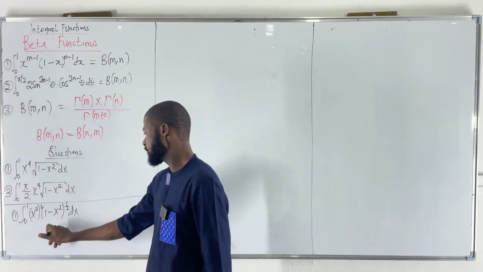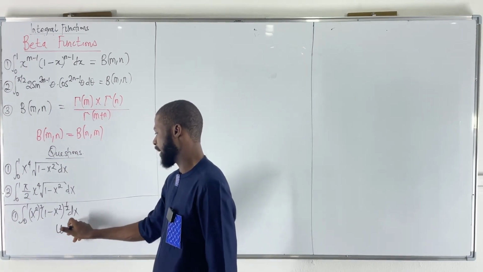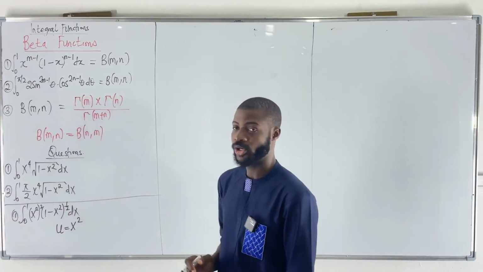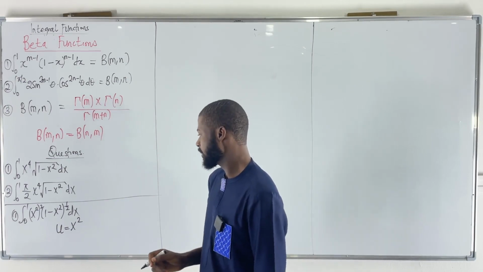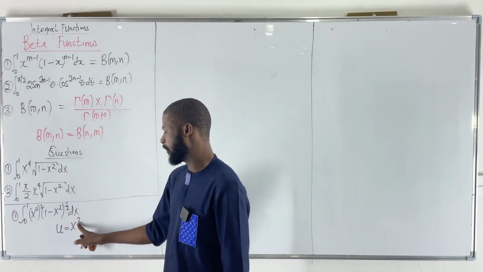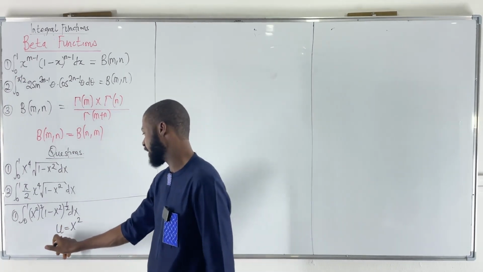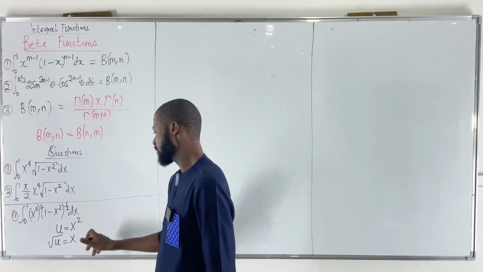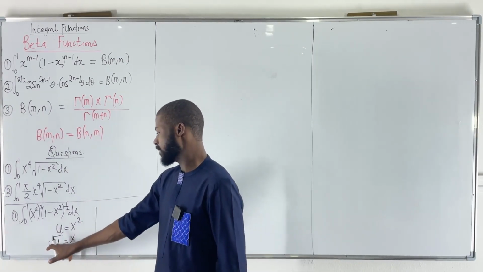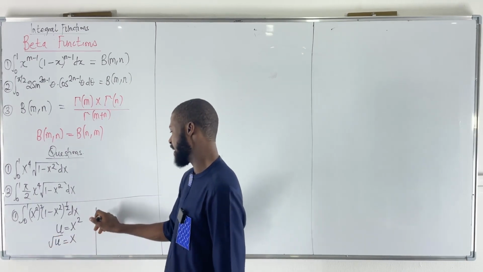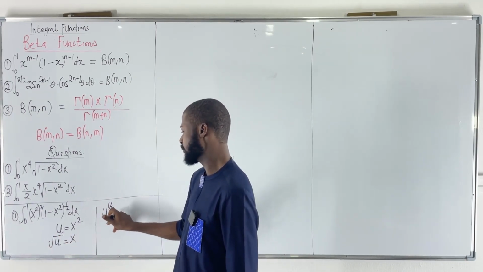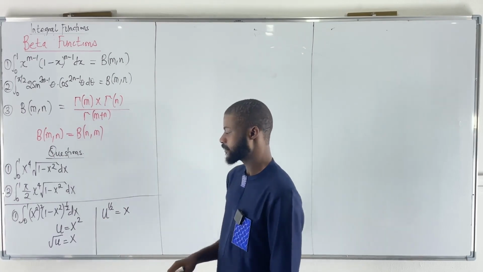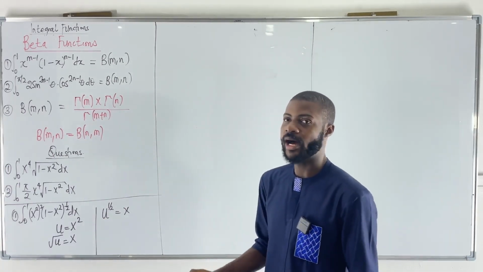Now let's start. Let u become x squared. Now this means that if I want to remove this squared, I need to square root the other side. So the square root of u is equal to x. However, this square root means the power of half. So u to the power of half is actually x. Now, one more thing is left, our derivative.